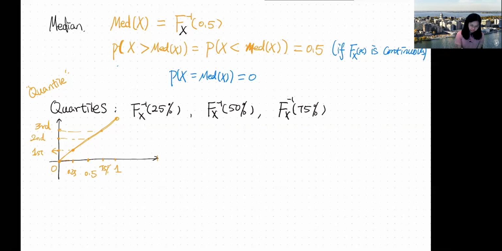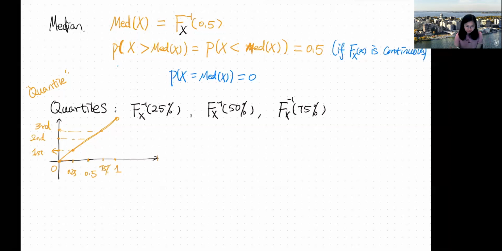And that's also why these special quantiles are called quartiles, because quar means quarter, and that means 1/4. So that's the definition of quartiles. And quartiles are important and useful when we want to measure inequalities.